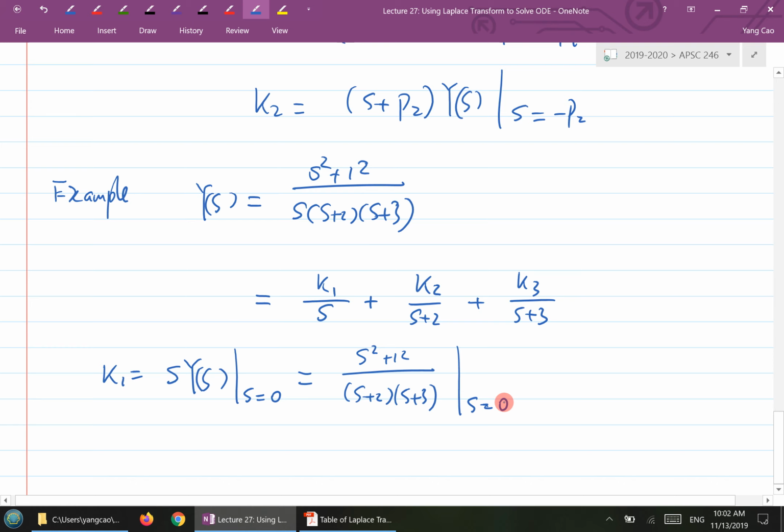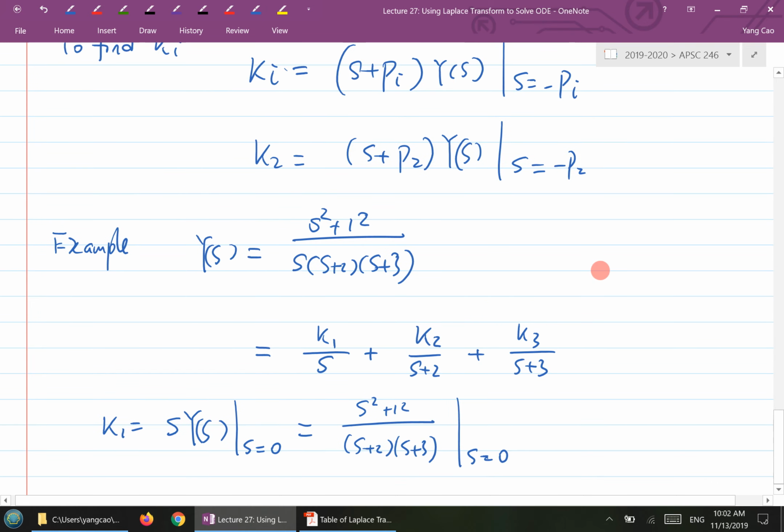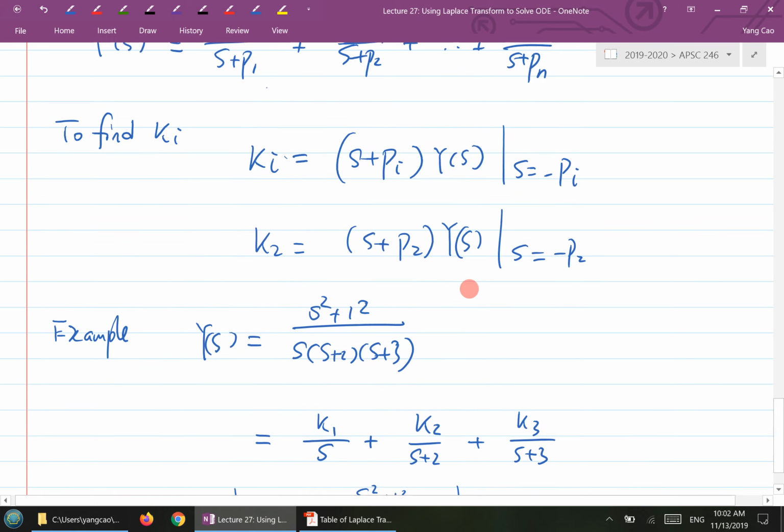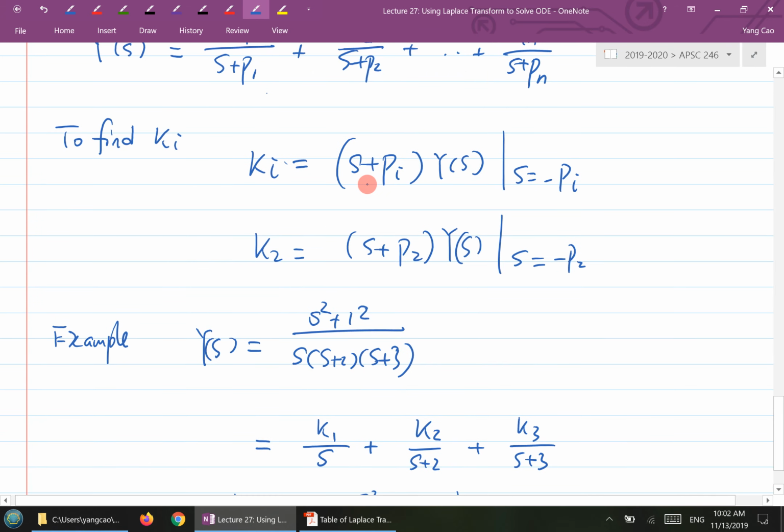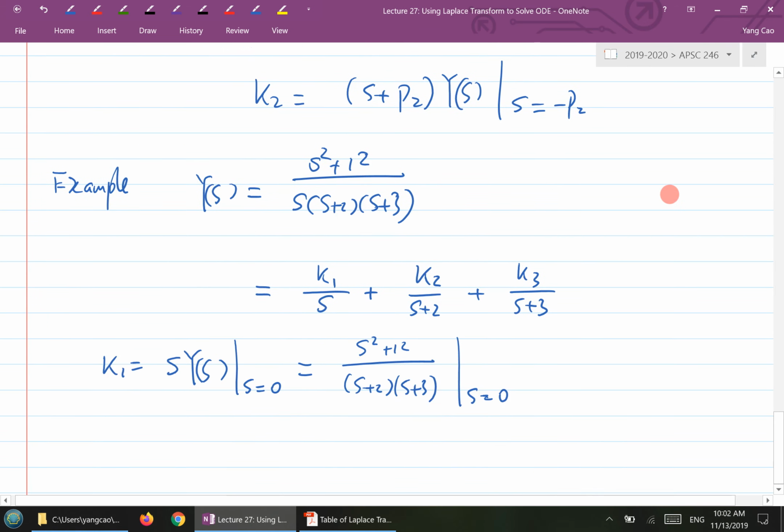There's a reason why you times s, or s plus pi, first before you let s equal to negative pi, because the formula won't work otherwise. If you directly substitute s equal to 0 back into the original, then you get something divided by 0, which is infinite. So once you get s equal to 0, plug it in. You get 12 over 6, which is 2. So that's your k1.